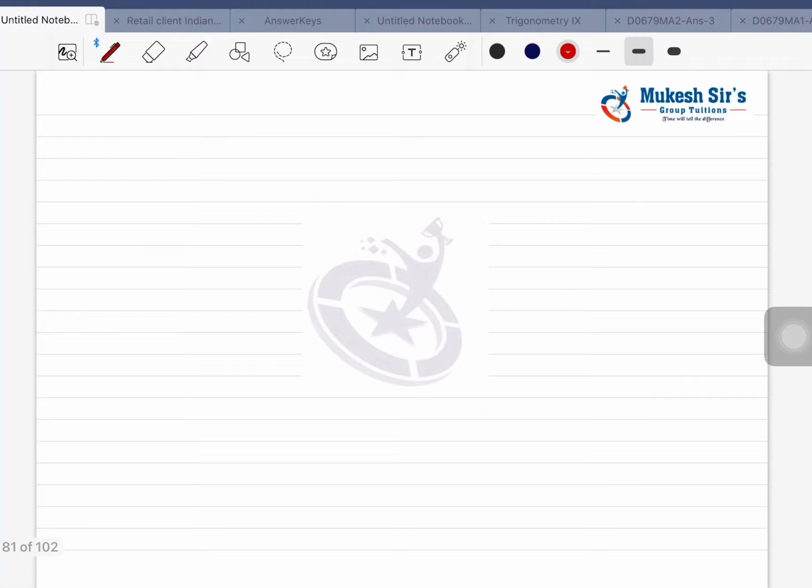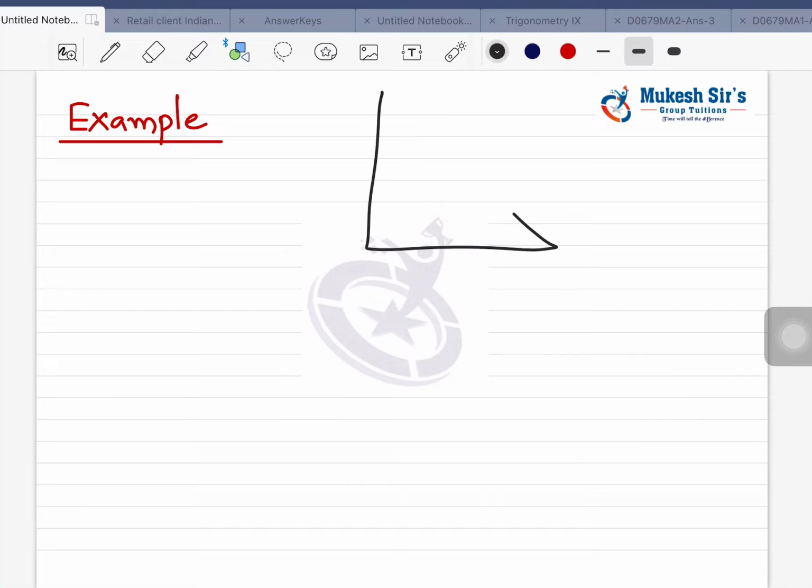So let's solve one question here. Let's take one example. Suppose we have a right angle triangle PMN. Who's the hypotenuse here?